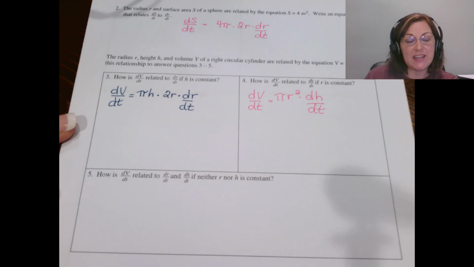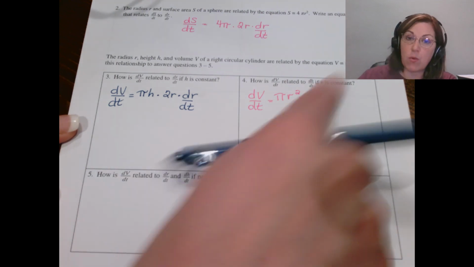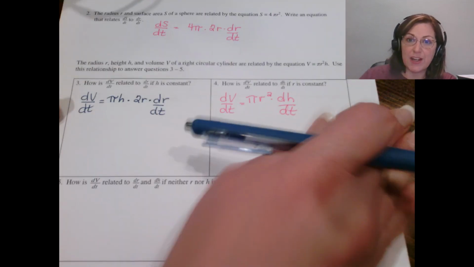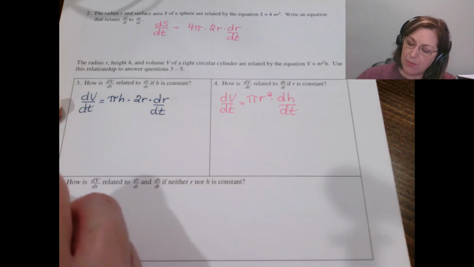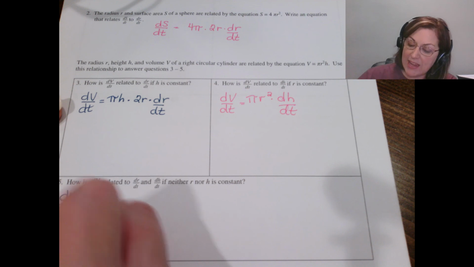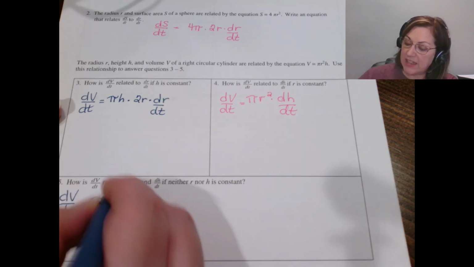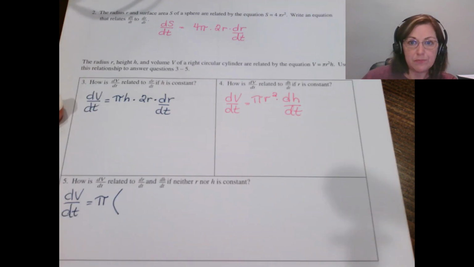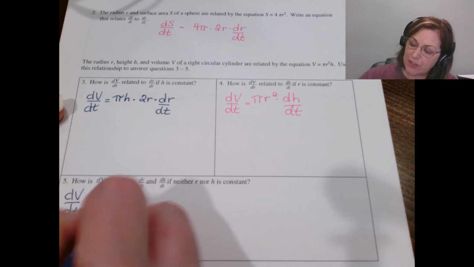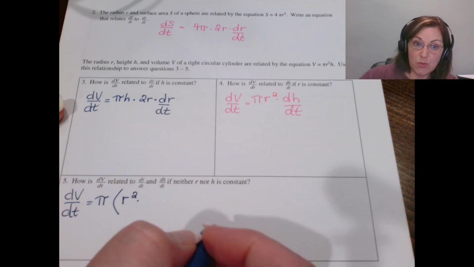Look at number 5. Number 5 says, how does dV/dt relate to dr/dt and dh/dt if neither r nor h is constant? So this is going to require a product rule for us. So I would do dV/dt equals pi in front, and then let's work our product rule. Product rule is the first times the derivative of the second.